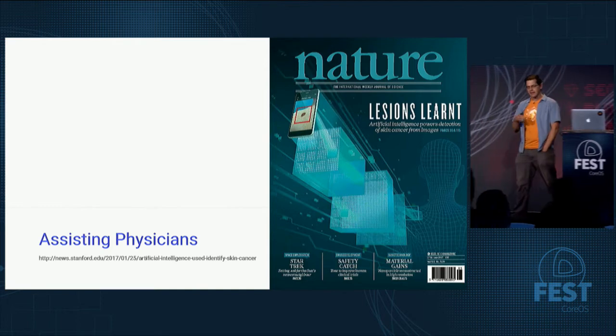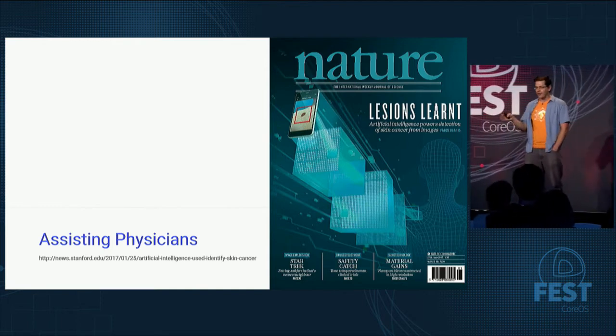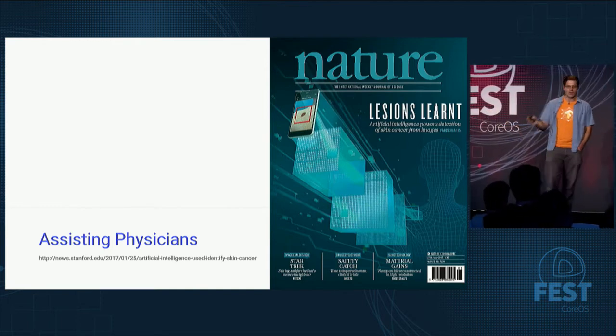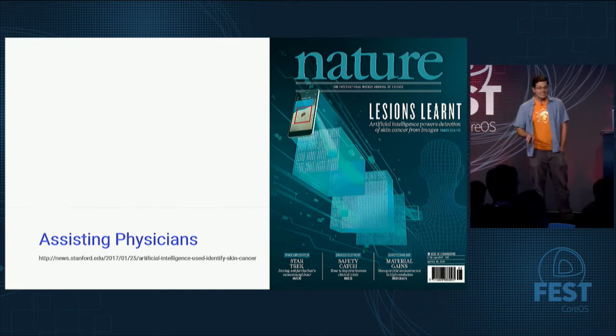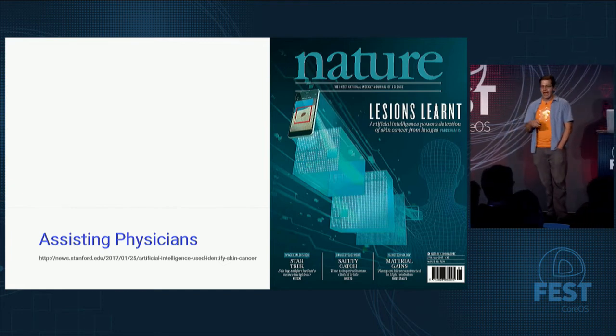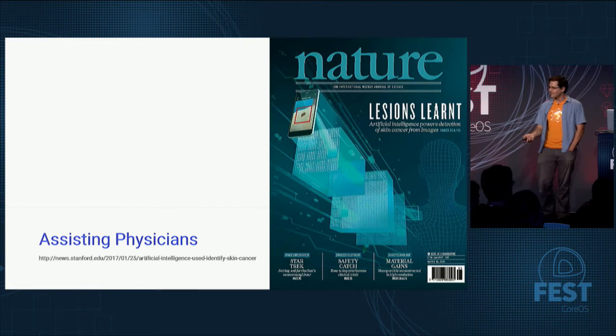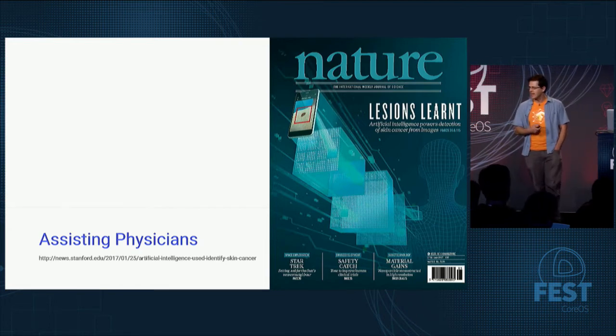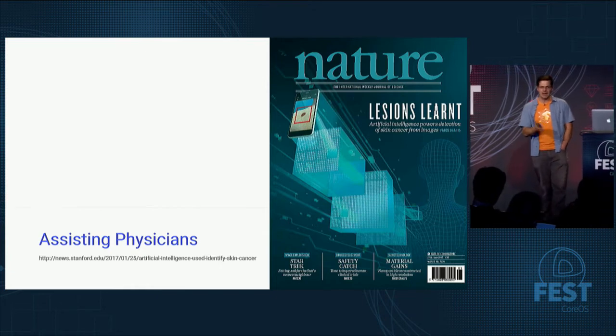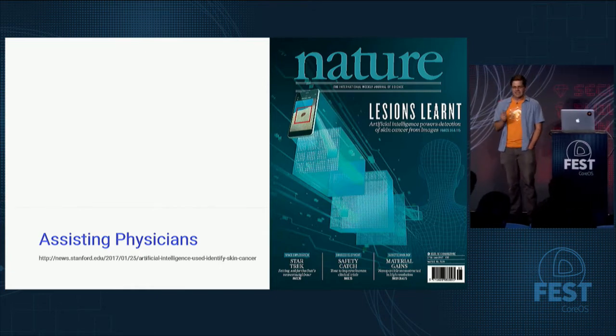But maybe they have to take a biopsy and send it to a pathologist to determine the exact type and whether or not it's dangerous. This year, Stanford published research on how to build models that accurately handle that first stage of just looking at it and determining what it probably is and whether or not it's dangerous. And from a single image, they can tell you if it's something you should worry about or not.